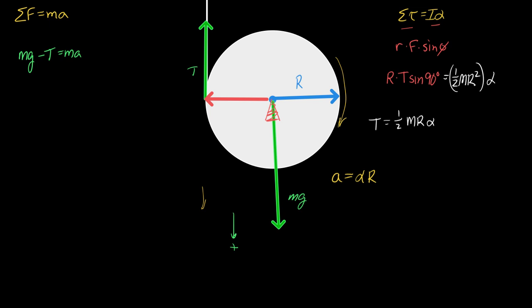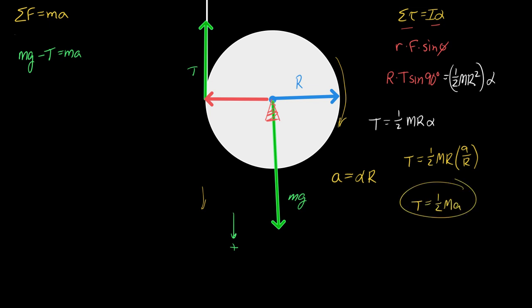Okay. All right, so we've identified that we can put this into our equation. So let's do that. I'm going to do that on this side. T equals 1/2 mr times A over R. One of the things you should notice is that often the R's will cancel out. Do you see that they cancel out here? So T equals 1/2 MA.